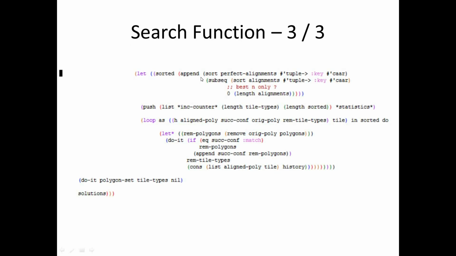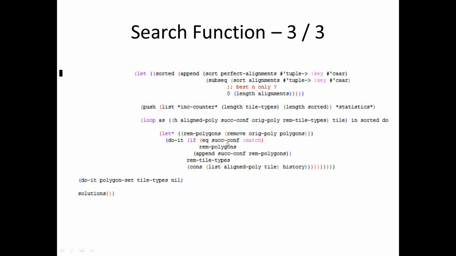In the list of computed successor configurations, we always prioritize the perfect alignments over the imperfect alignments. Each successor configuration has 5 components: the heuristic score, the transformed tile polygon, the computed successor configuration polygon, the original polygon, and the remaining tile types.